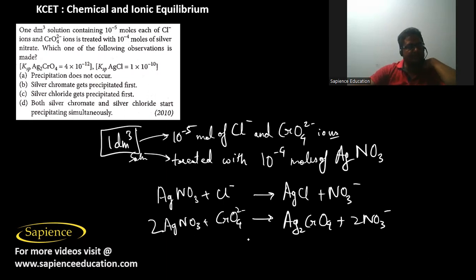Now the thing is, these two, AgCl and Ag2CrO4, are insoluble, or I can say sparingly soluble salts. Their Ksp values are being told, so it means they are sparingly soluble salts. So here precipitate can be formed. We have to find if precipitation occurs or not.